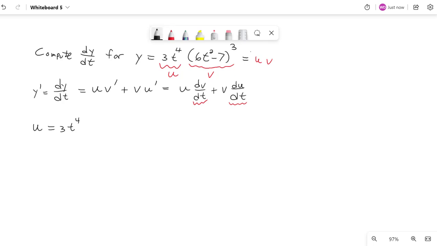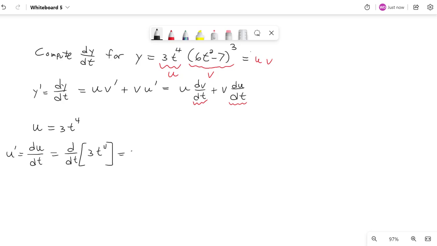So if that's what u is equal to, I want to know what the derivative of u is in terms of t. Based upon the notation I have so far, that's the same as u prime, to make it a little shorter. To find this derivative, you notice that the derivative operator is being applied to 3 times t to the fourth.